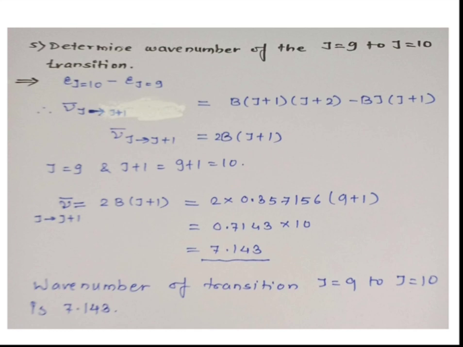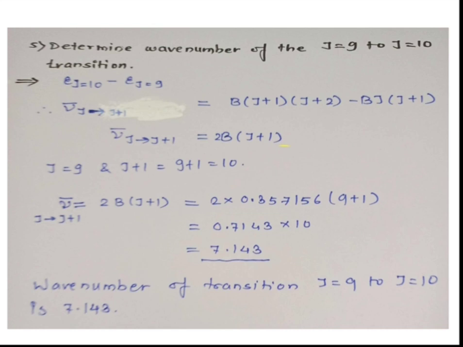So our equation for the J to J + 1 transition is B(J + 1)(J + 2) minus BJ(J + 1). That is the equation, and by solving it you will get the final equation, 2B(J + 1), for the transition J to J + 1.